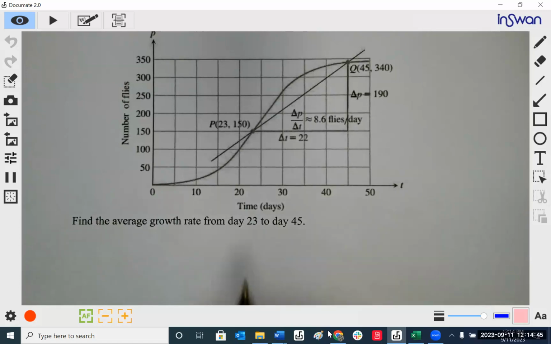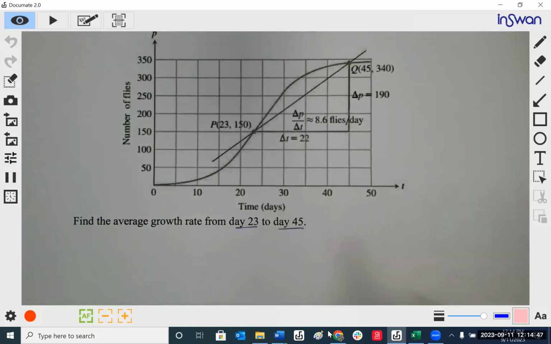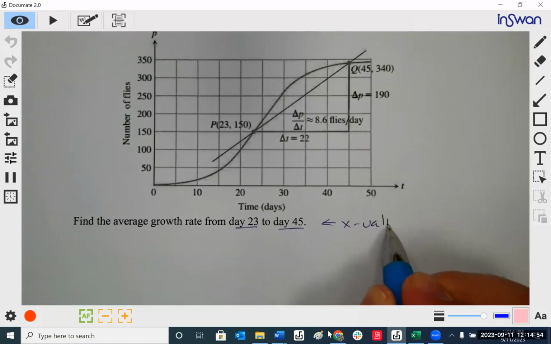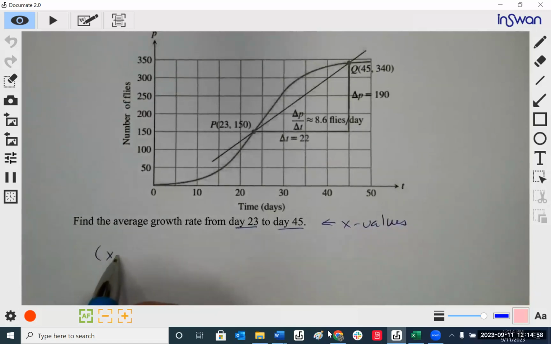The way you do it, remember, these are the days. What axis are days represented on? Time? X values. We need to find the points. We need to find X and the Y corresponding to it. So if X was 23 and X was 45, what are the Y values?